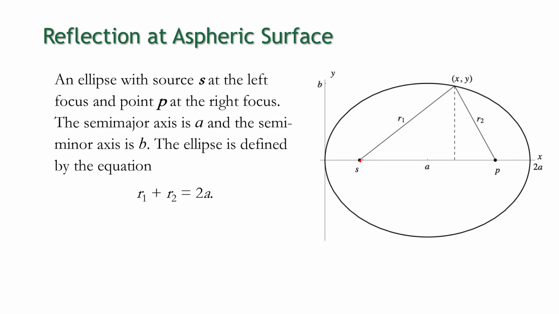And the light coming from point S hits the surface of the ellipse at this point (x, y), and then it is reflected back, and the light goes through point P. Any ellipse has two foci, or focuses, whatever you say, or if it is one, we call it a focus.